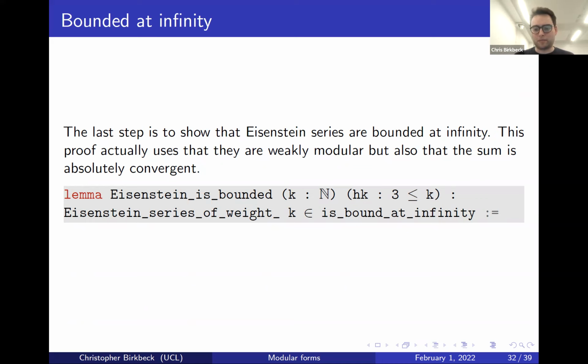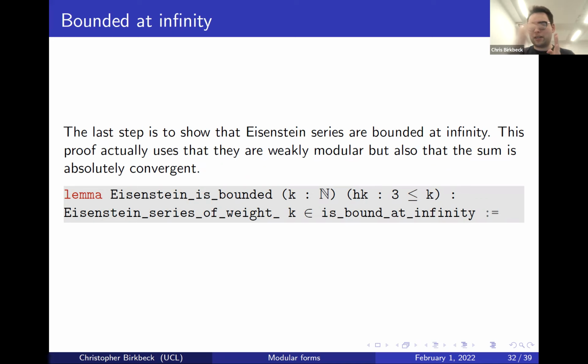And on every one of these little slices, I know that I have an absolutely convergent sum which converges to my Eisenstein series. The way I prove this is using the Weierstrass M test, which relies on bounding your functions by some uniform bound. Essentially, in the proof of the absolute convergence, you just rewrite it, and you get that on each of these little slices, your function has to be bounded at infinity.